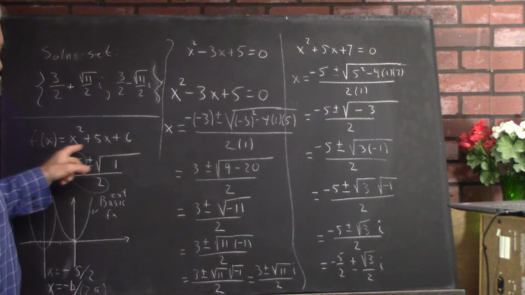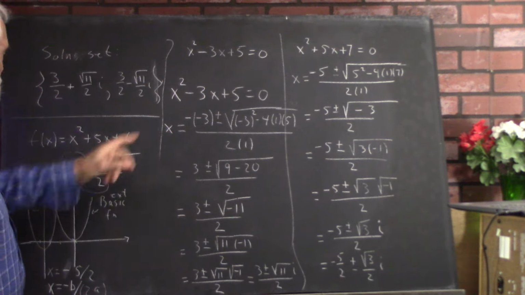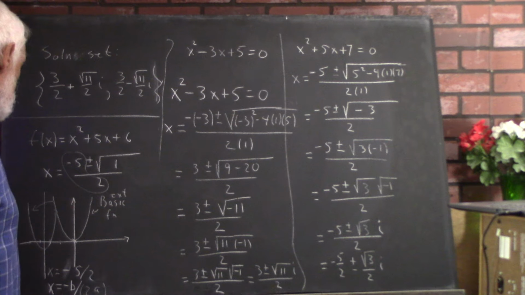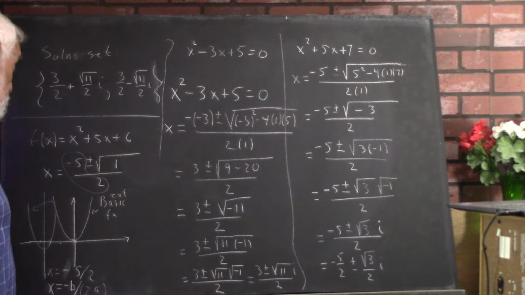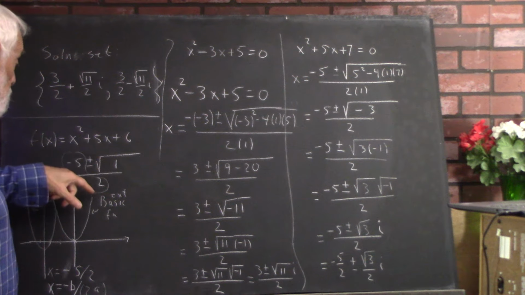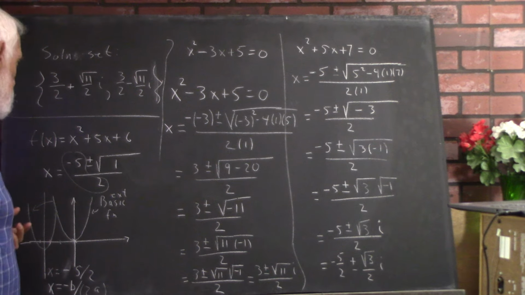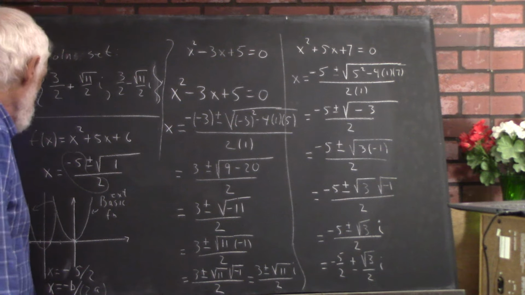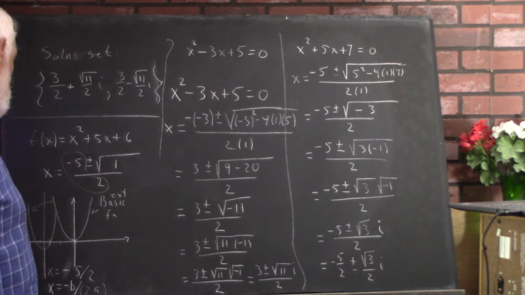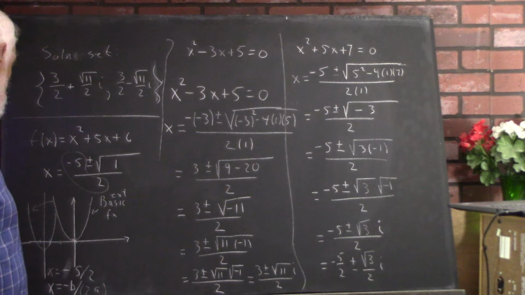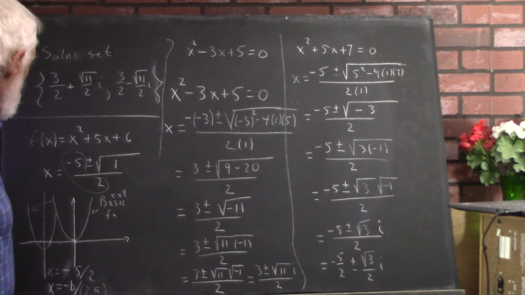One little blurb about graphing of quadratic functions. If you have f of x equals our x squared plus 5x plus 6 function, for example, you know that x is going to be equal to negative 5 plus or minus the square root of 1 over 2. And you know where the zeros are going to be, at negative 2 and negative 3. That's kind of the way I drew it, but not really.